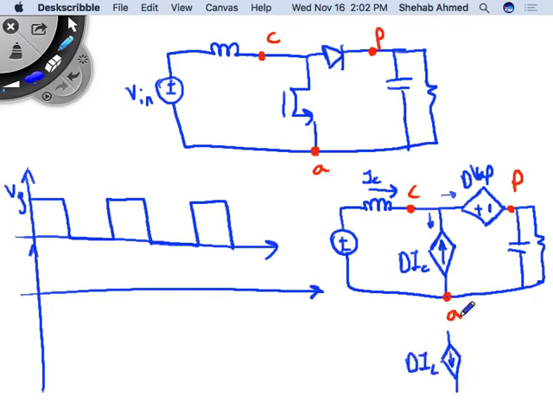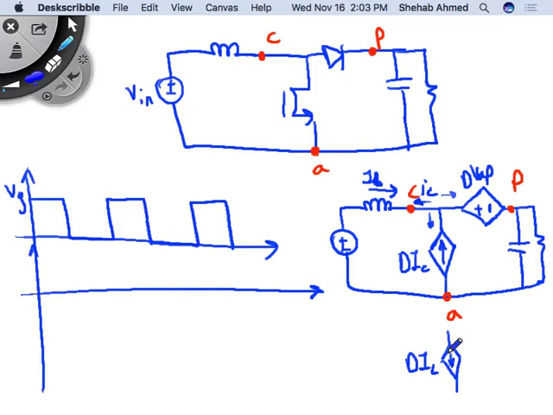This is my inductor current instead of just IC, or let me call the inductor current IL, and the current here IC. This is D times IC. This is part of the current that's flowing out of node C. This happens to be the opposite direction as IL, so I know its value is DIL, so I can put that here.